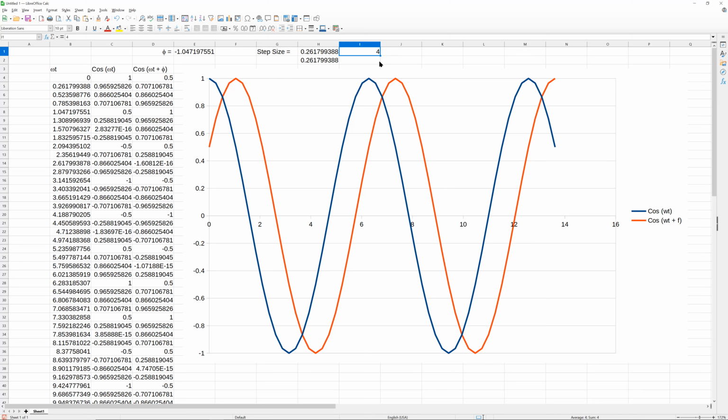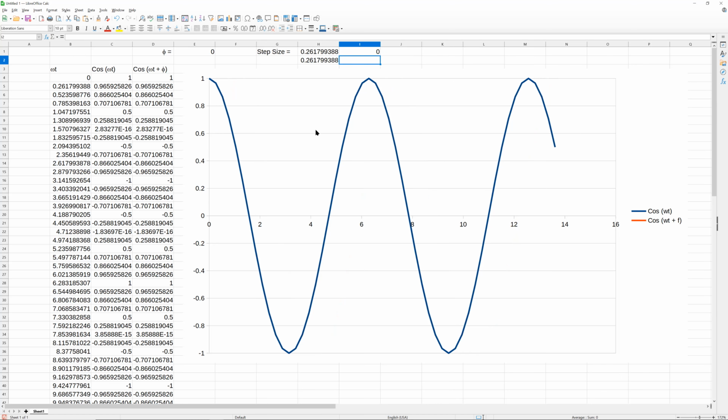In one of these cells, I've got something that multiplies a step size. The step size that I used in graphing this stuff, but I'm also using it in the phase constant, is pi divided by 12. So if I put a 0 in here for the step size, the red curve is still there, but it's directly underneath the blue curve, and you can't see it.